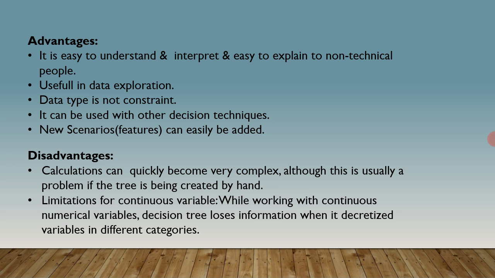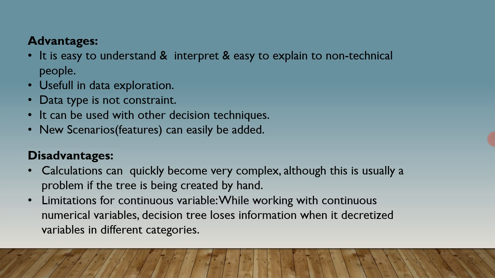A decision tree is one of the fastest ways to identify the most significant variables and the relation between two or more variables. The next advantage is that data type is not constrained. Here it can handle both numerical and categorical variables, so data type is not a constraint. The next point is it can be used with other decision techniques. Next, new scenarios can easily be added, which means new features can be added.